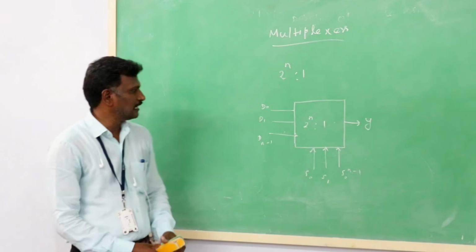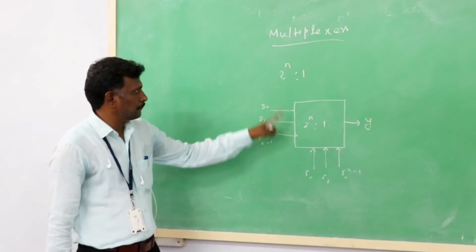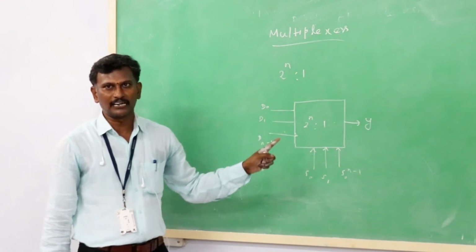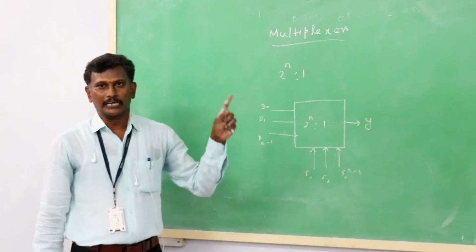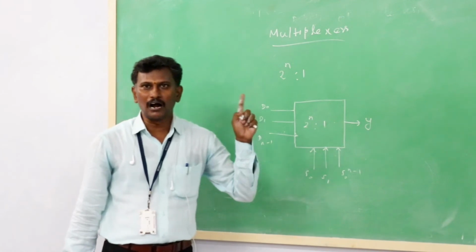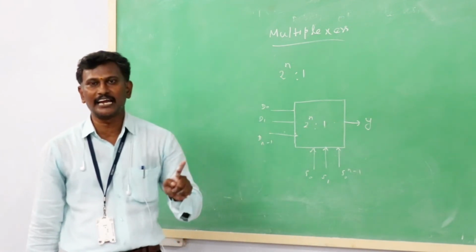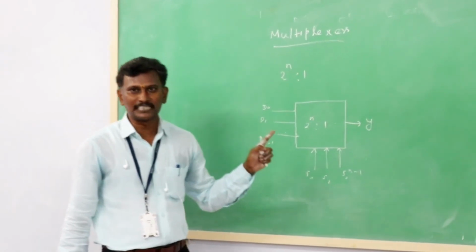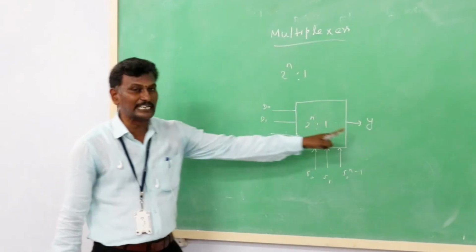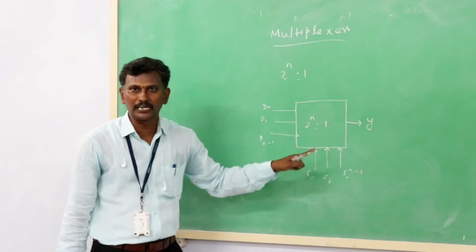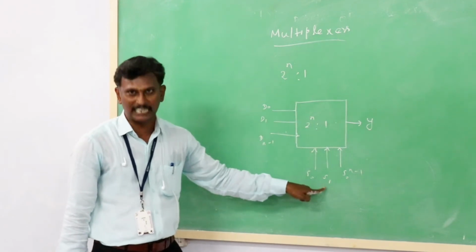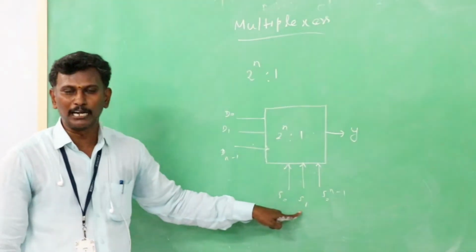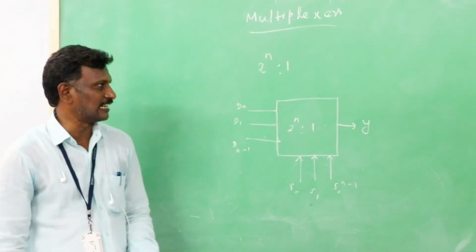So this is the basic concept of a multiplexer. A multiplexer is also called a data selector, because in a multiplexer the output depends only upon the selection lines, not upon the input lines. The basic multiplexer has several data input lines but a single output line. The particular input line is controlled by a set of selection lines. That's why we call it a data selector.